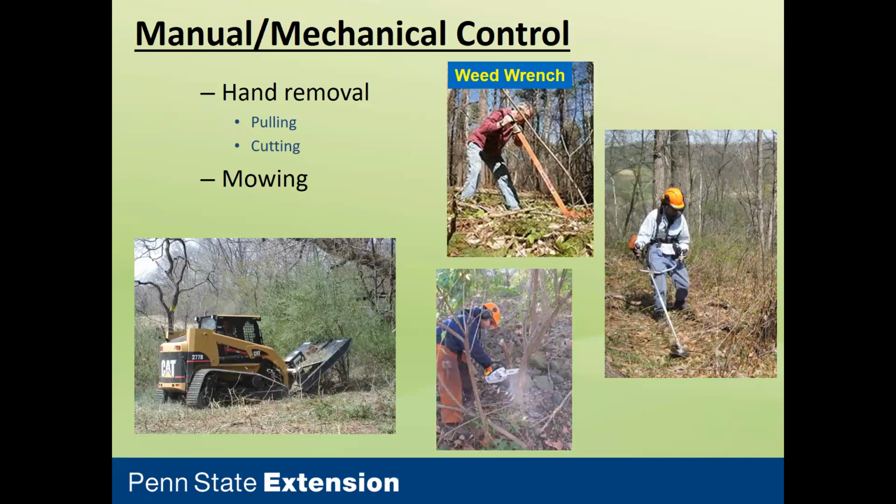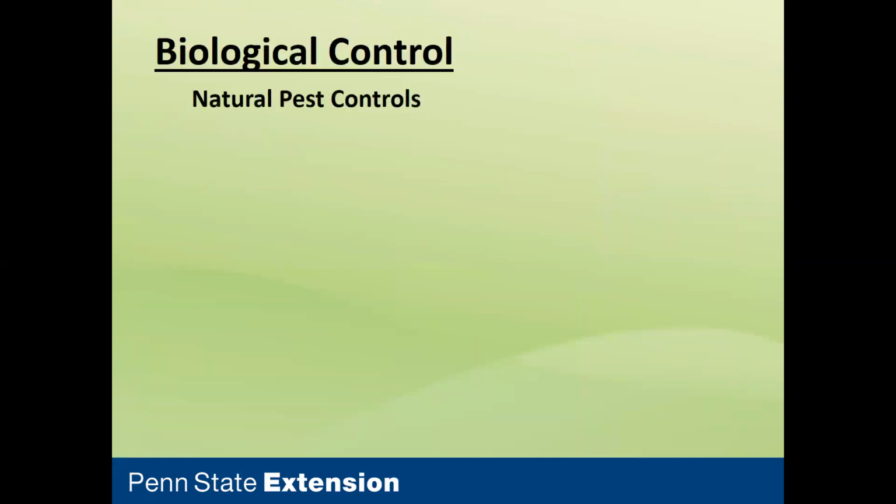And so it isn't really an end-all means here unless you're getting that root system controlled, like pulling it out with a weed wrench. But cutting oftentimes gets you that first step. It might help level the playing field a little bit for you, but you've got to be sure to come back and address those resprouts, because most of these things are going to resprout.